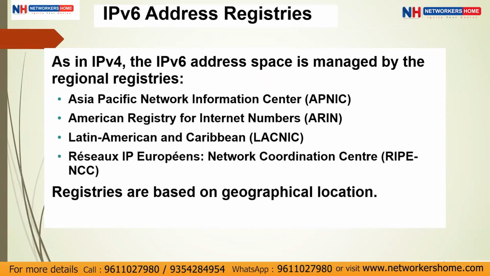As in IP version 4, the IPv6 address space is managed by regional registries: Asia Pacific Network Information Center, American Registry for Internet Numbers, Latin American and Caribbean registry, and the RIPE Network Coordination Center. Registries are based on geographical location.